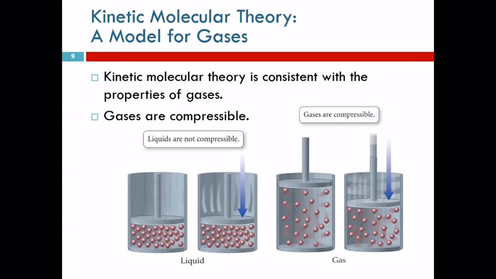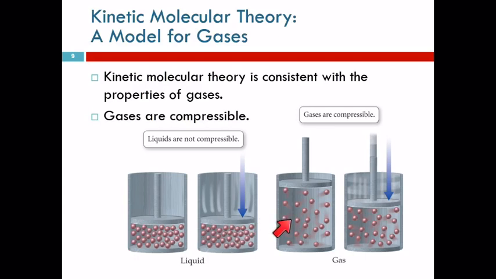The kinetic molecular theory is consistent with our observations about gases and helps us to understand those observations. We have observed that gases are compressible. Liquids are not compressible. If you put a liquid inside of a piston and you push down on it, you can't compress it. Because these liquid molecules are already touchingly close, there's no empty space that you can squeeze out.